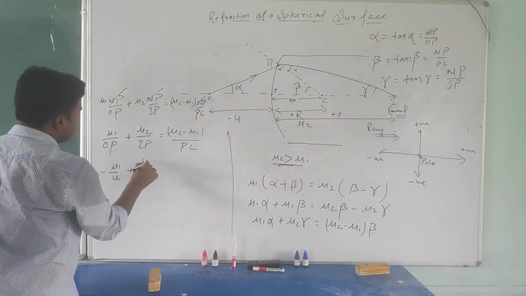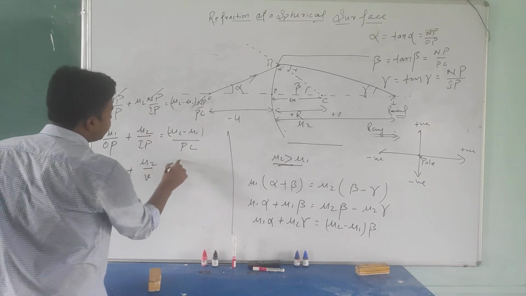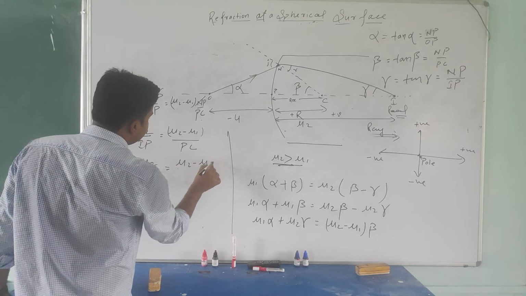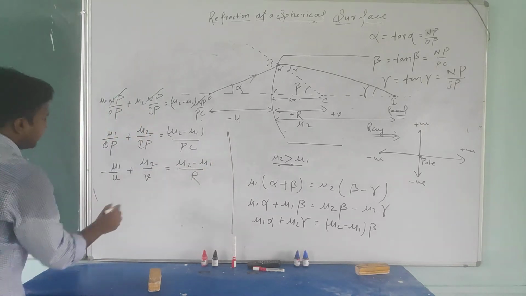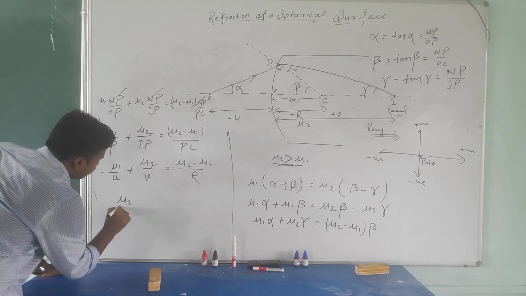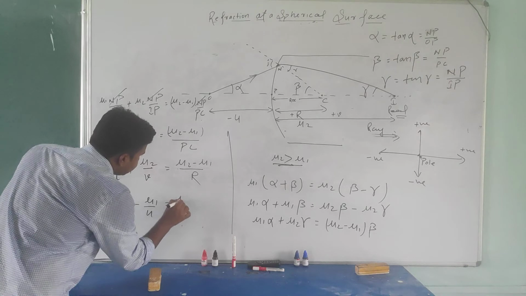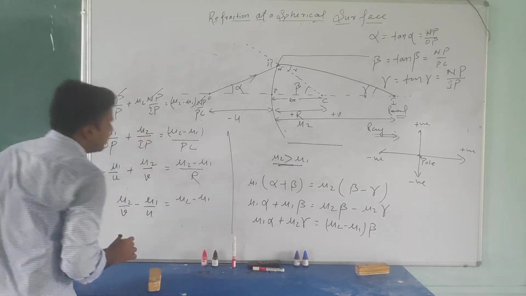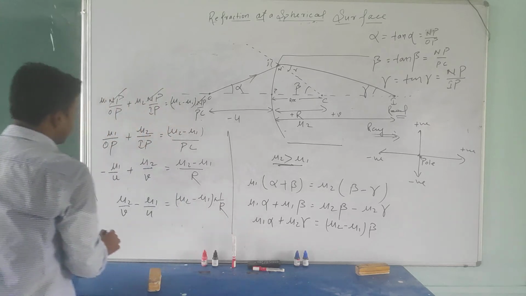So here I am putting mu2 divided by v is equal to mu2 minus mu1. PC is what? Positive R. So I am writing R. So we can arrange this like this: mu2 by v minus mu1 by u is equal to (mu2 minus mu1) into 1 by R.